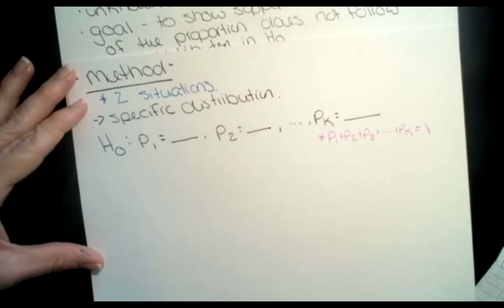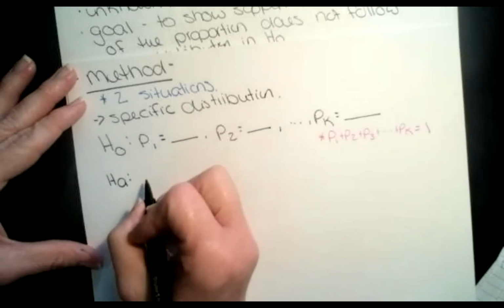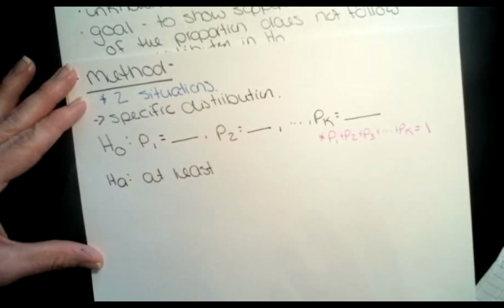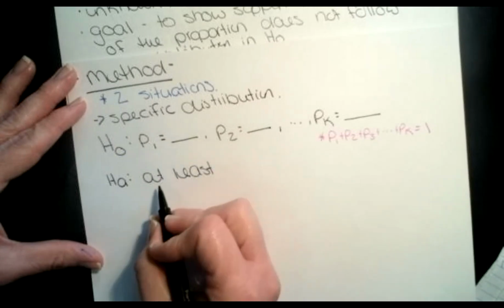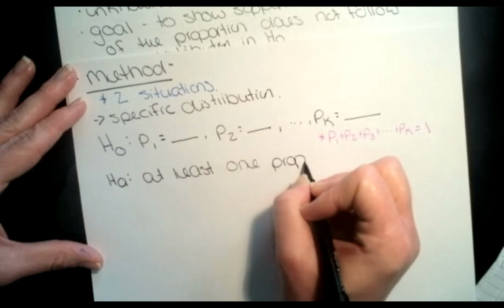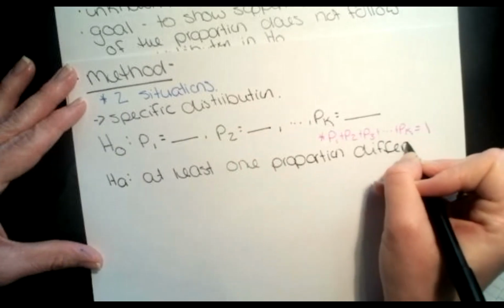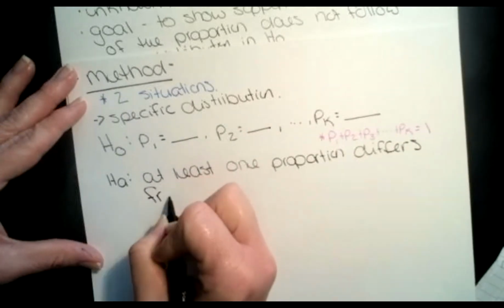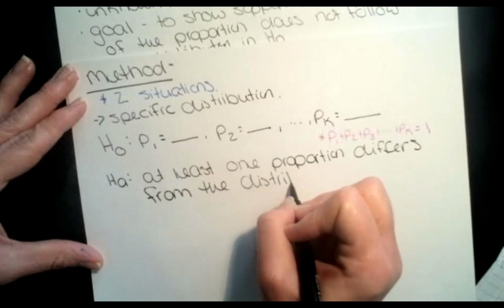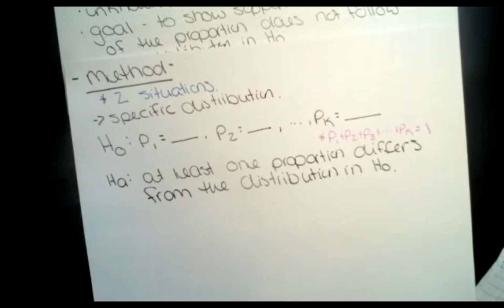Okay. And here, of course, like I said in my goal, my HA is at least one proportion differs from the distribution in the null, because if 1 is different, then more than 1's different, right? Because it adds up to 100%. And you can write it just like that every time.